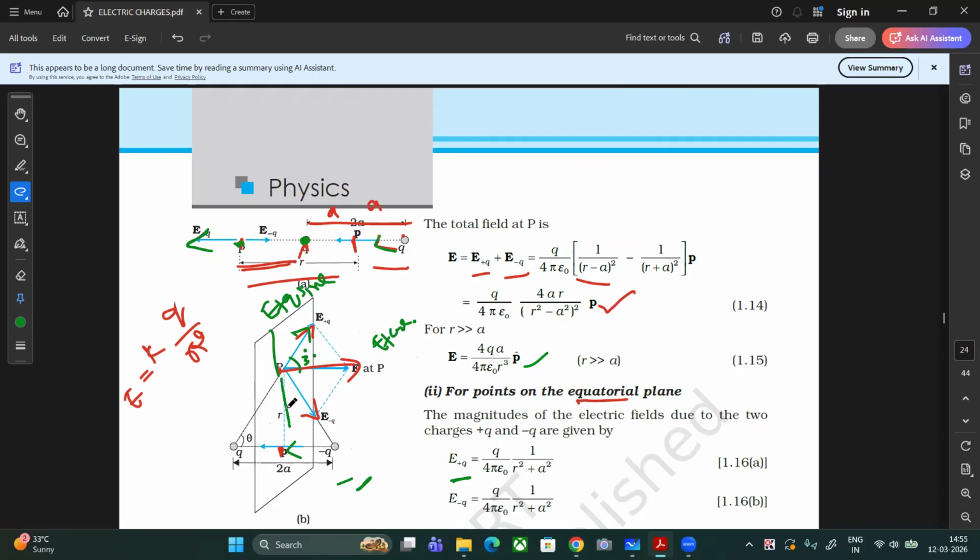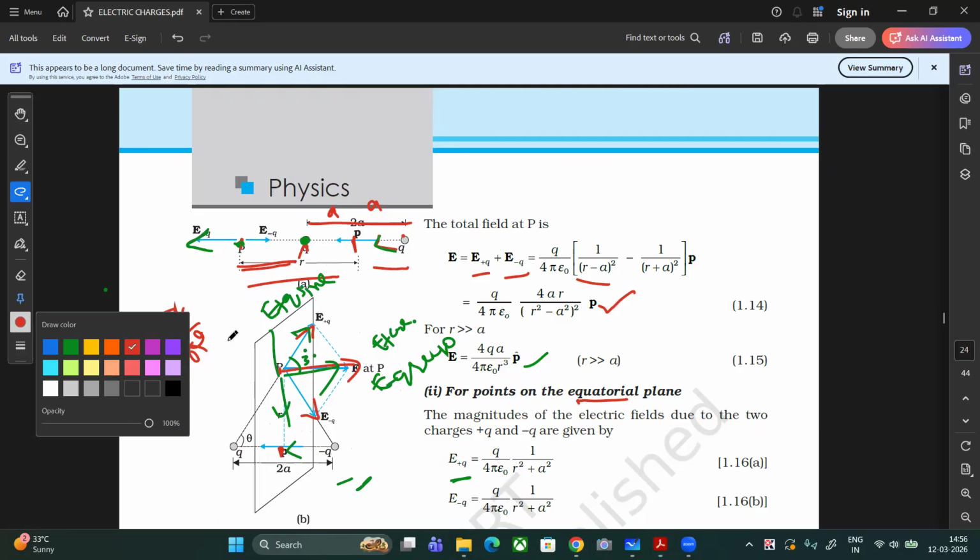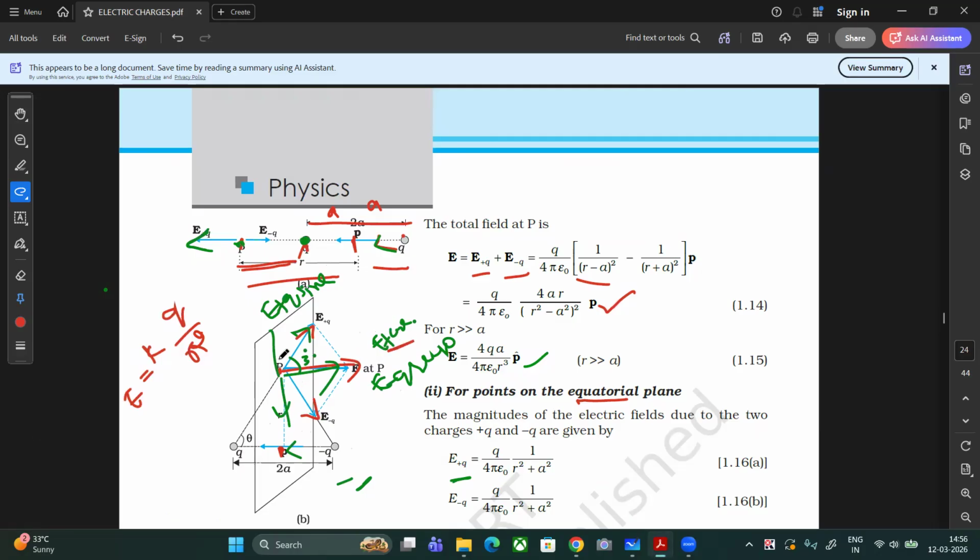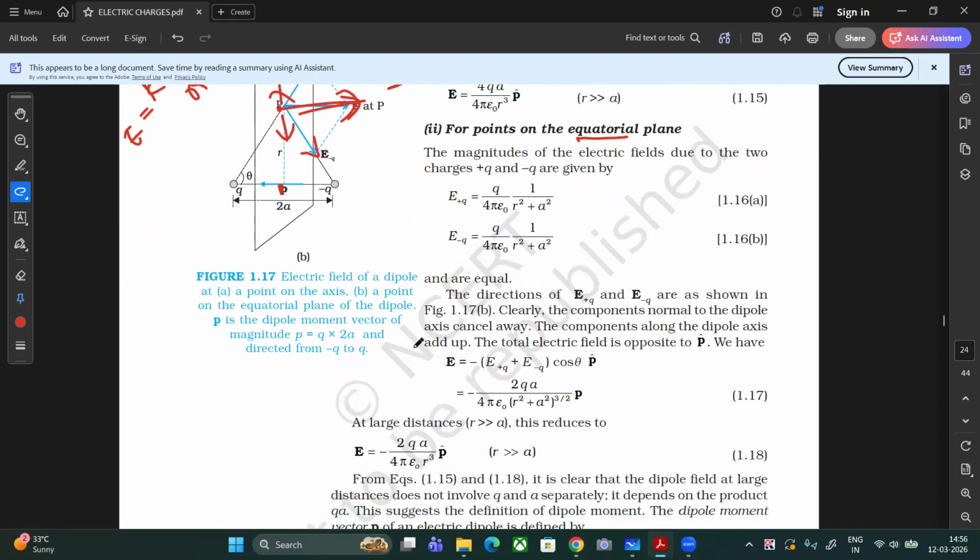Here also, in the same way, E minus Q sine theta and E minus Q cos theta. So what will happen? The sine components will cancel each other, and only the cos theta components, E plus Q cos theta and E minus Q cos theta, will be added up.